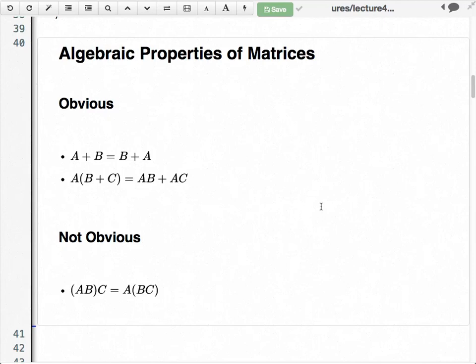So writing down a formula for the ij entry over here, well, we just have to find the ij entry of A times B, and then add that to the ij entry of A times C. So what is the ij entry of A times B? It's the sum of A sub ik, B sub kj, k going from 1 to m. Oops, that's wrong.